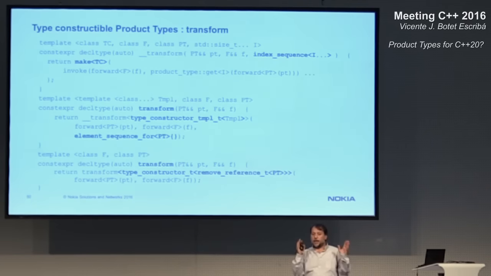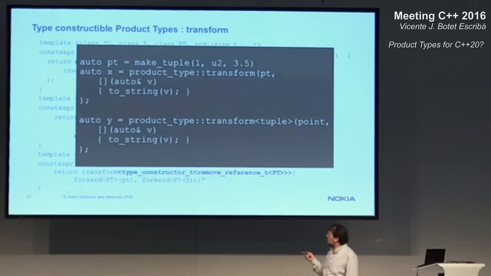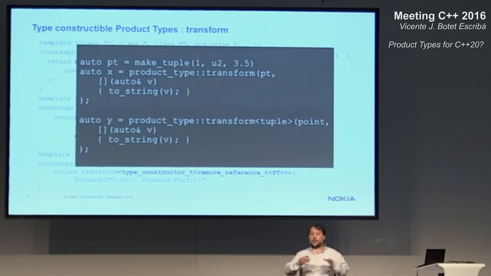Okay, then only with having product type access and being able to construct these types, we have a lot of algorithms available to us. And here is a specific use: a tuple is a type that is able to construct with a varied number of arguments. We don't need to be more specific, and we will get a tuple of strings here.